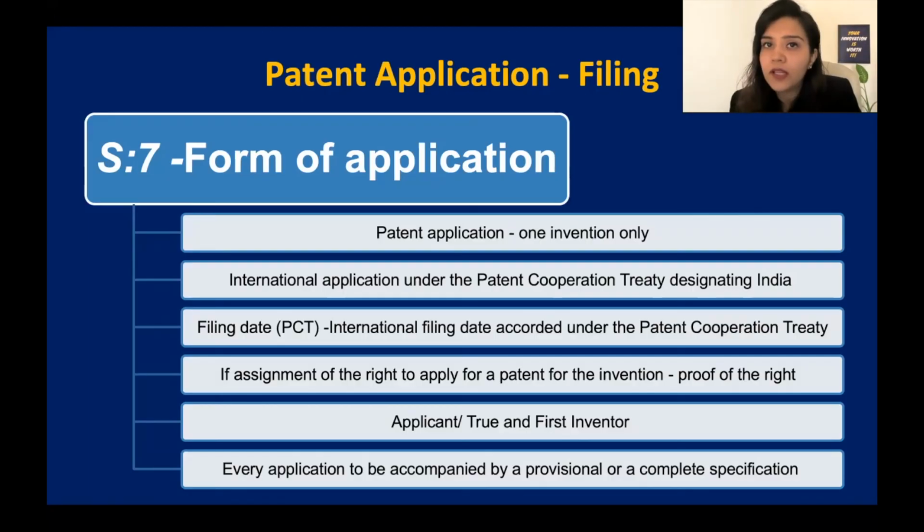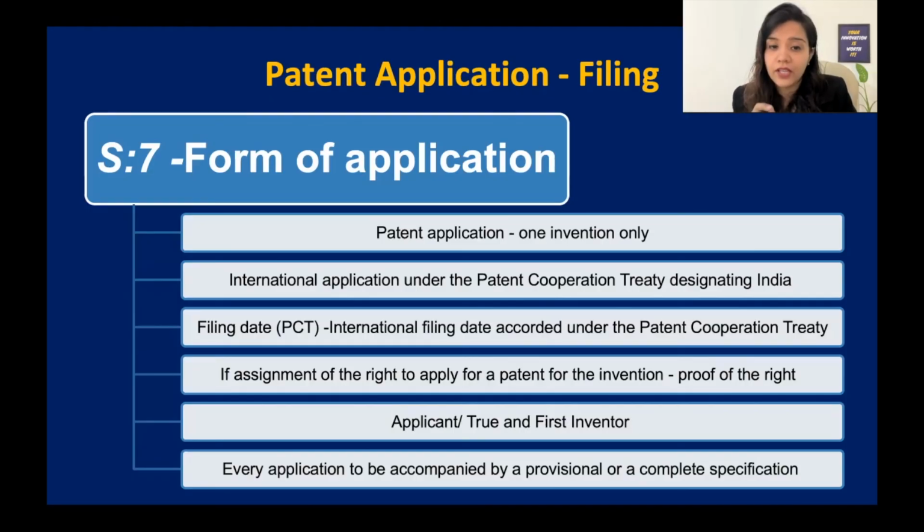If I'm not filing a provisional application and directly filing a complete application, then the date of filing of the complete application would be considered as the filing date. But whenever there is a PCT application, an international filing date would be given to that application by PCT, that is by WIPO, so I will use that date as the filing date. This is also mentioned in Section 3.